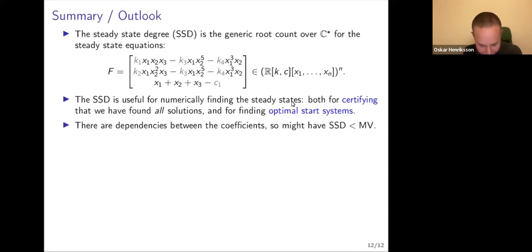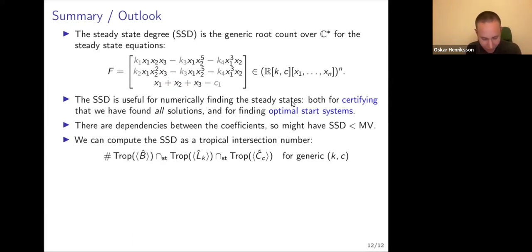Okay, we saw that since we have dependencies between the coefficients, for example, this one and this one are repeated, and this one is fixed, the steady state degree might very well be much smaller than the mixed volume. That's also something we saw in Elizabeth's talk. But we can compute it through a tropical intersection number, where the main idea was that we split the system into several pieces, a binomial part and some linear parts that are individually easy to tropicalize.